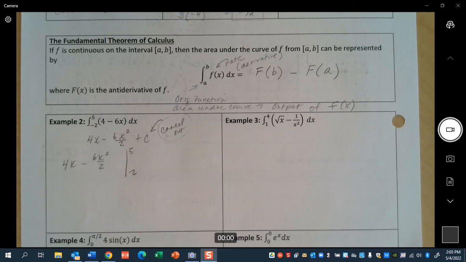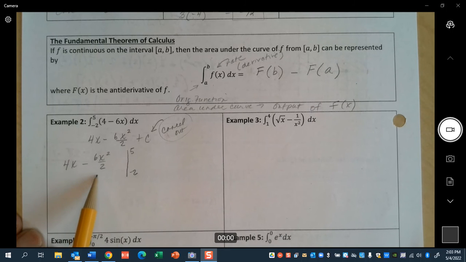So what we need to do now is find the output of this value minus this function with the output of this input value. So here is our b, here is our a, and if we're finding that integral, that area under the curve between b and a, we're going to go ahead and figure out the output value of that function.